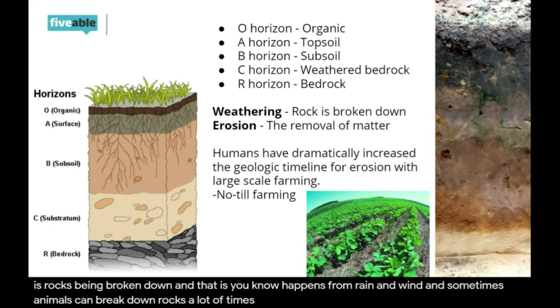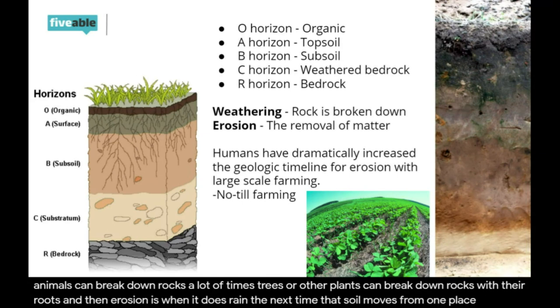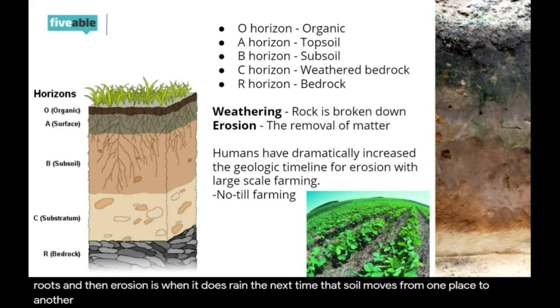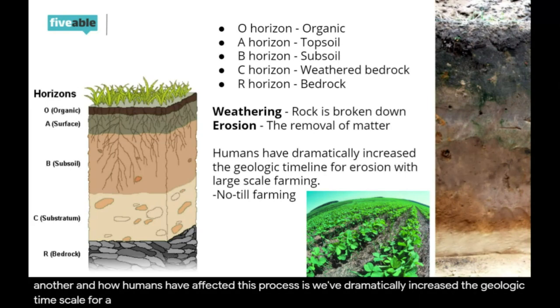A lot of times trees or other plants can break down rocks with their roots. And then erosion is when it rains the next time, that soil moves from one place to another. And how humans have affected this process is we've dramatically increased the geologic timescale for erosion with large-scale farming.